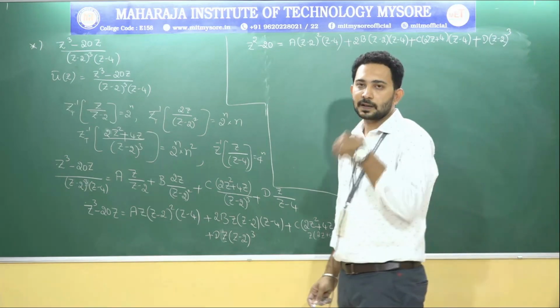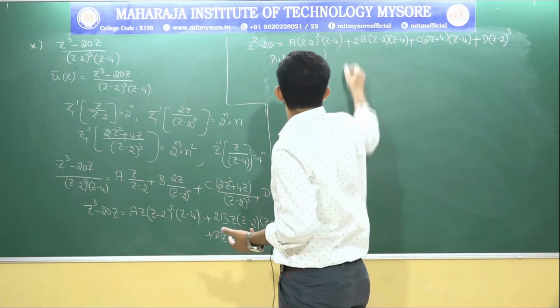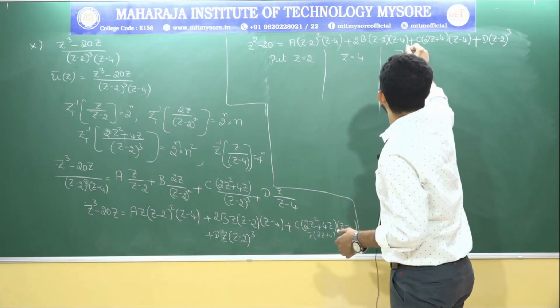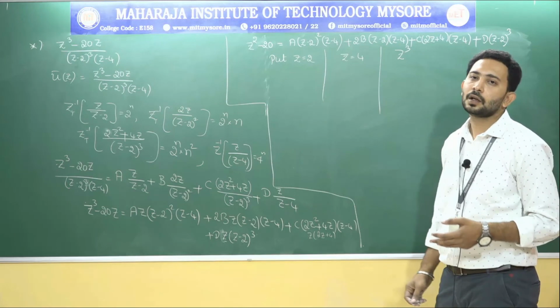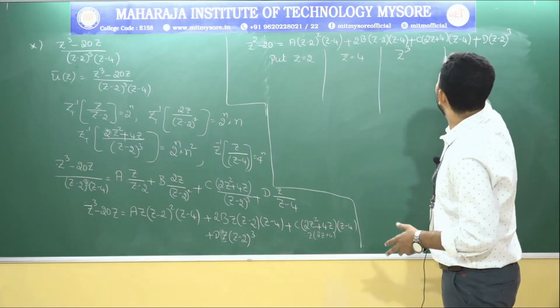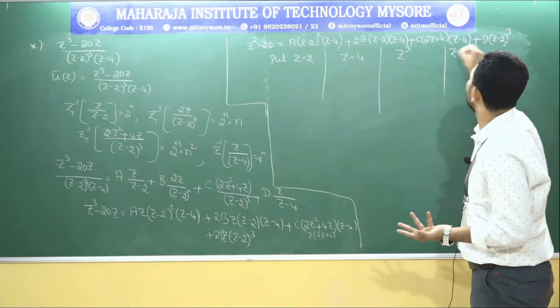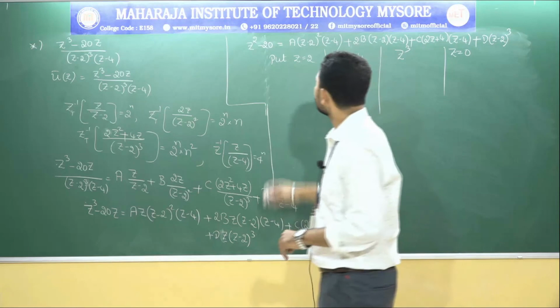So to find the constants, put z equals 2, z equals 4, or equate the coefficient of z cube, or next we equate the coefficient of z square, or simply by putting z equals 0 also we can find the result.